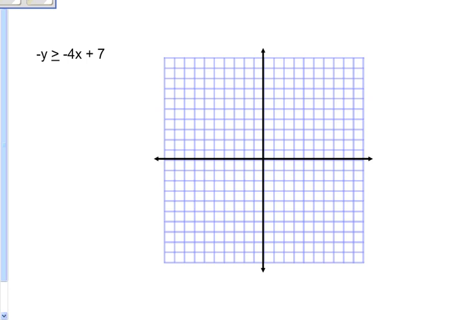So in order to get rid of that -1, we're going to divide everything by -1. Now when we divide by a negative, we have to flip our inequality symbol. So this is now going to flip to a less than or equal to, and we have y is less than or equal to 4x, and then -7.